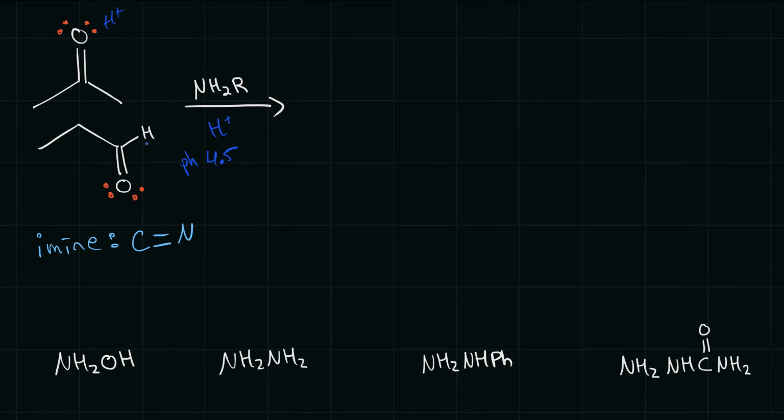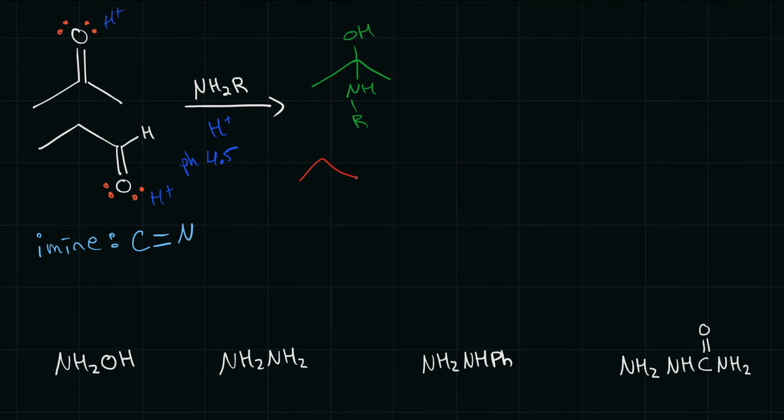So if you have an acid, it'll protonate these groups and make the carbon connected to the oxygen a really good group to be attacked by the amine in a nucleophilic addition in this case scenario. And so for our ketone, we get this. We have an OH group over here, and we have a nitrogen, and after the nitrogen loses one of its protons, in order to maintain a neutral charge, it'll look like this.